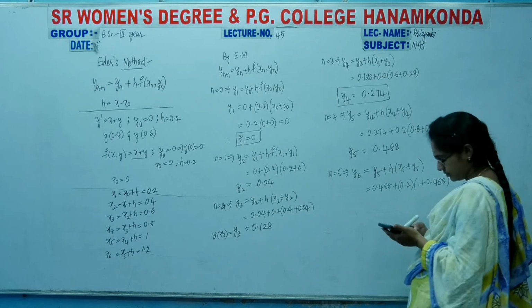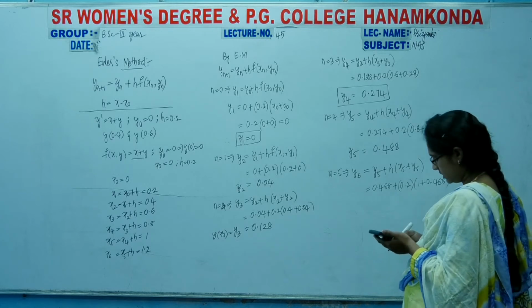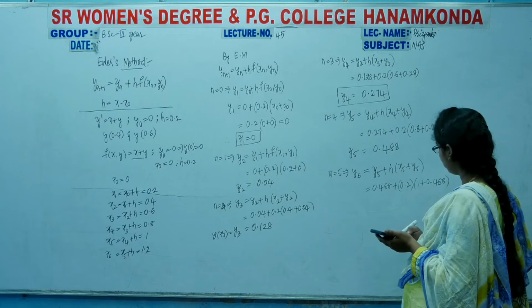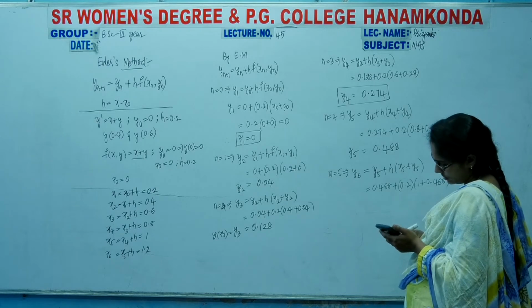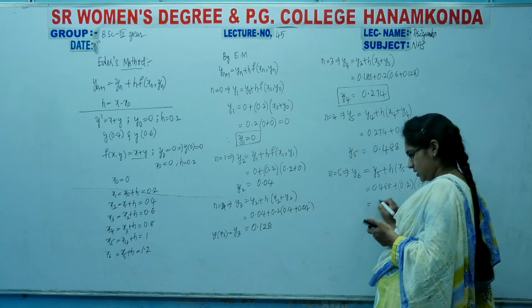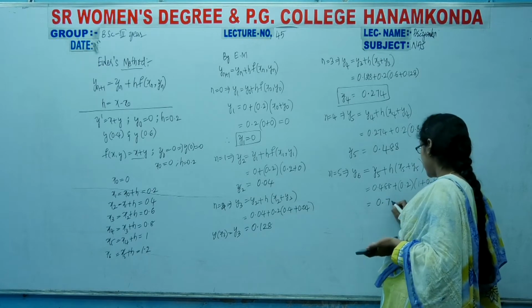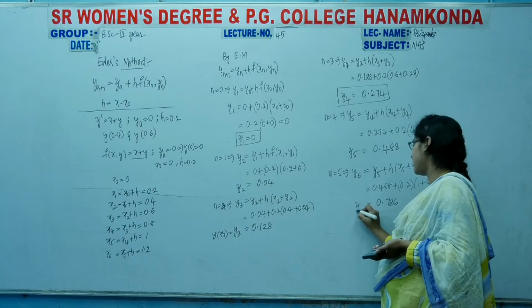So now 1.488 into 0.2 plus 0.488 is 0.7856, so I am taking that 0.786.